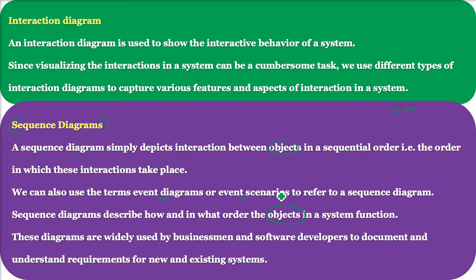So either you are a software developer or a business person, you need this model. You need this sequence diagram in order to make a good software, to design and to finally program it, and to finally make the software which is required by the user. So this is a very important aspect of design, sequence diagram.